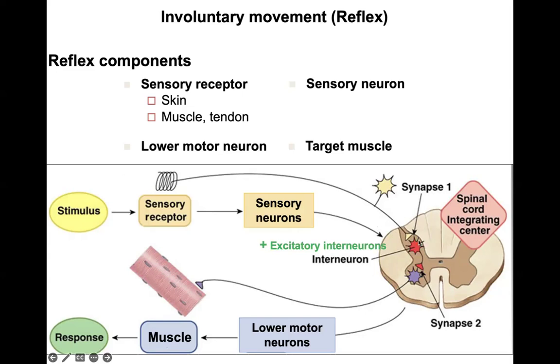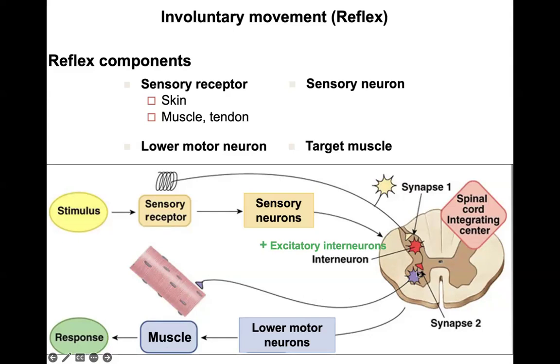When we talk about the spinal cord, what happens inside the spinal cord? When you have the sensory neurons, these are the sensory neurons delivering sensation coming into the spinal cord. And then another purple one right here is the motor neurons, going out.